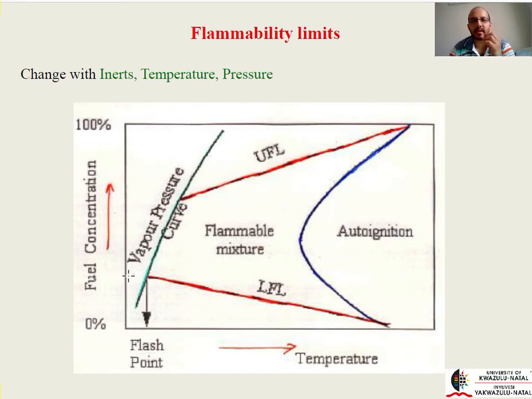As that gaseous compound burns, it generates enough heat to make other parts of the compound, perhaps the liquid part, vaporize and also catch fire. And that is how the combustion reaction actually propagates.